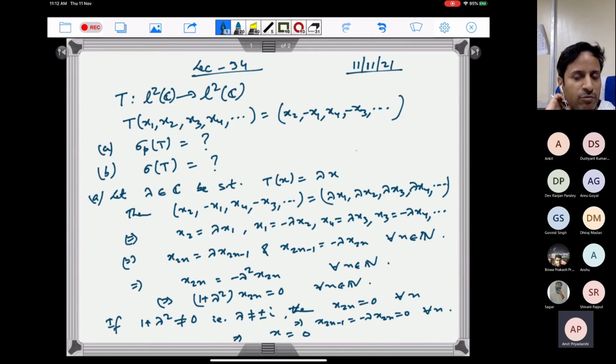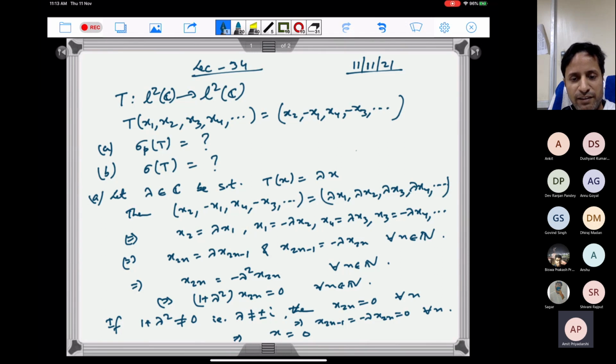But one has to be careful, right? Because you have to find a non-zero vector in this space such that it satisfies this equation, right? So you will have to find a vector x which is non-zero and belongs to L2 such that this happens.